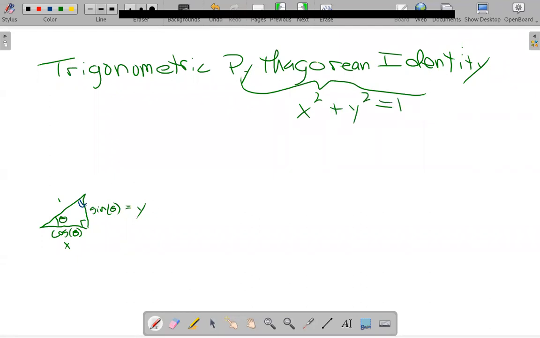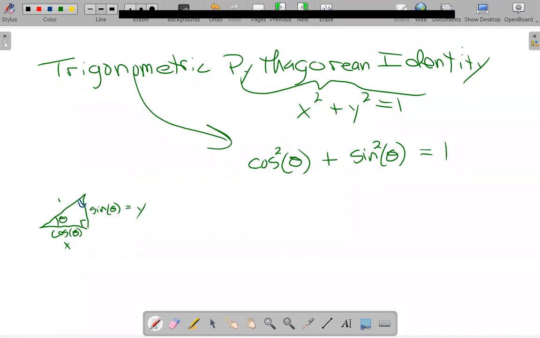Right? Now, x is really just the cosine. So this is the trigonometric version of it. So if I take the cosine of theta, and then I square it, right? That's x squared. If I take the sine of theta, and then I square it, it has to be 1.